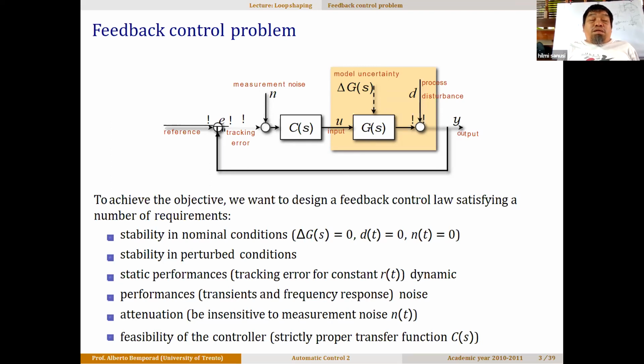And then kita nak controller tu to be feasible.